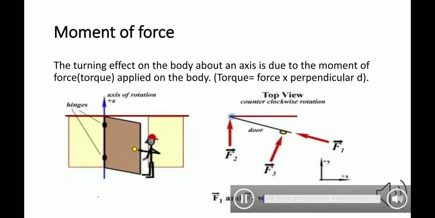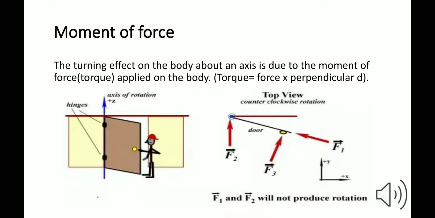So we studied in the last slide that moment of force is the turning effect and the magnitude of moment of force is force into the perpendicular distance from the fixed point till the line of action of force.